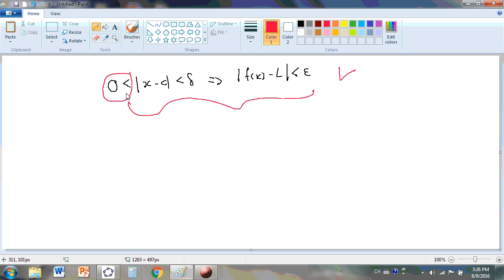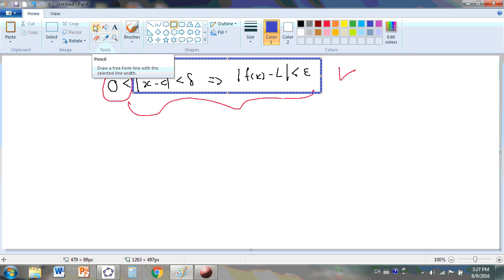Why? Because if this part here is true, then the function is defined at c. It's impossible that the function is not defined at c. In fact, what you see in the blue box was the original definition of Weierstrass with respect to continuity at the point c.